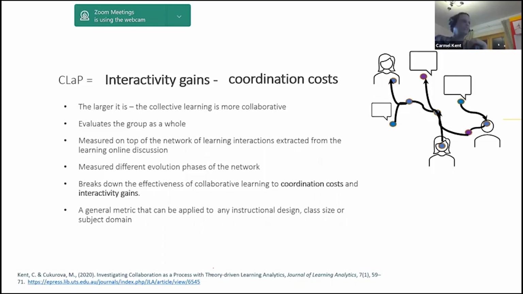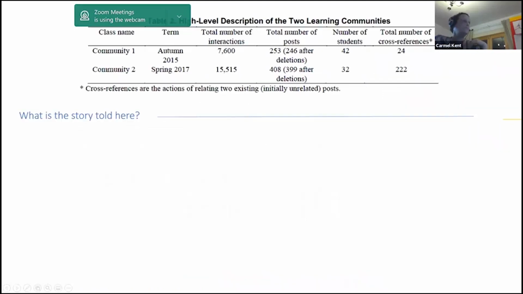So just before we move on to the discussion and to talk about what we can do with this CLAP framework of evaluating collaboration, please meet these two real online learning communities in higher education, both instructed by the same instructor on the same subject, where, at least at the start of the term, they started with the same discussion design.